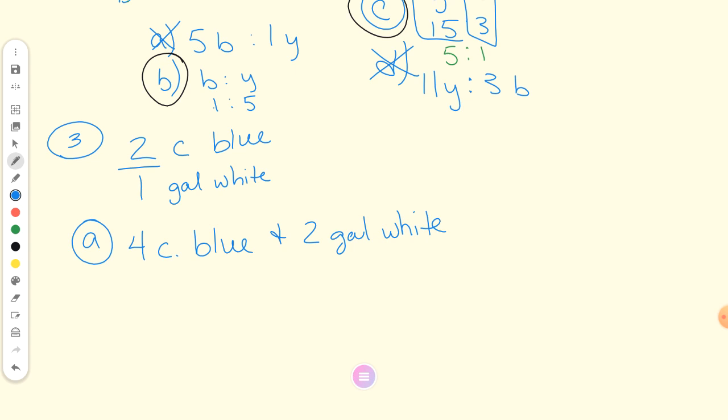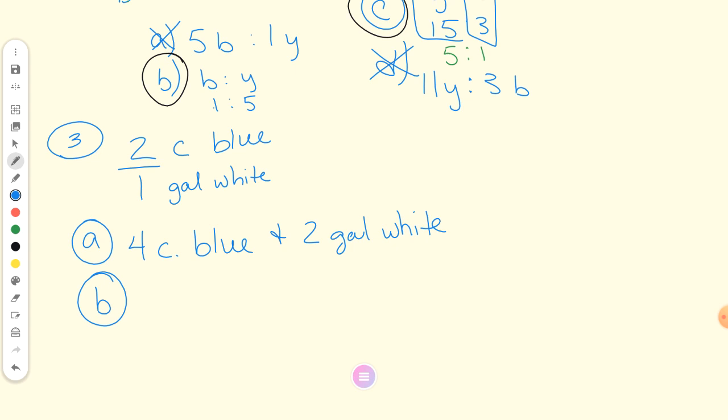Okay? Part B says, explain how to make a mixture that is a darker shade of blue. What would I need to do to make it a darker shade, Elise? We need to add more blue. So you could have said 3 cups of blue to 1 gallon of white.